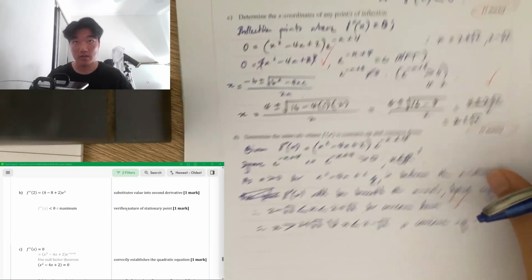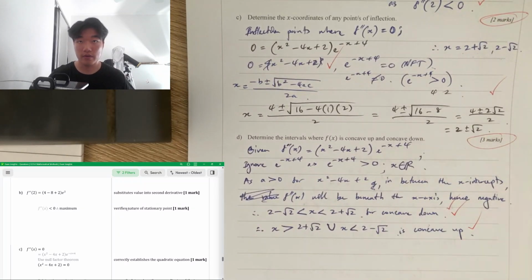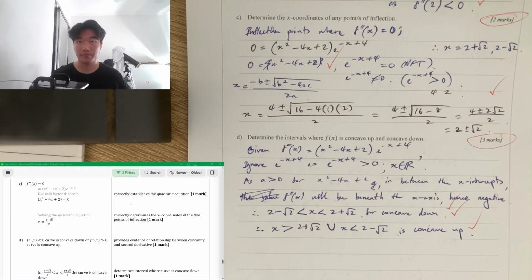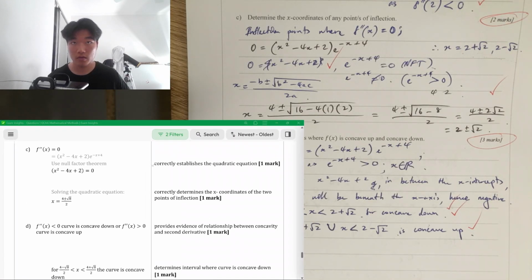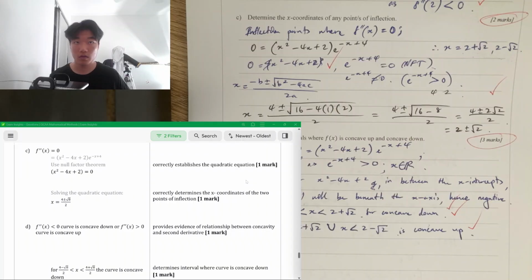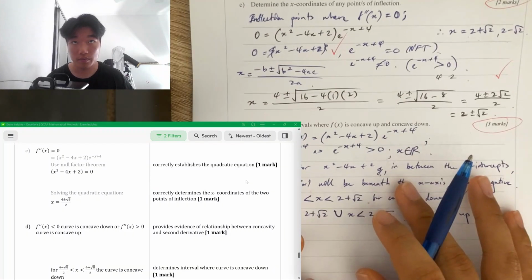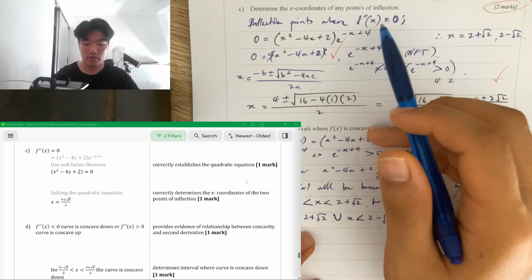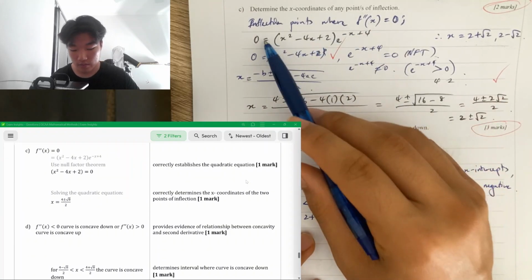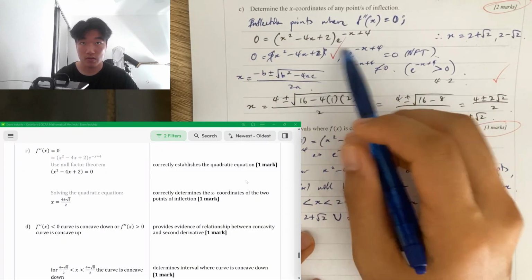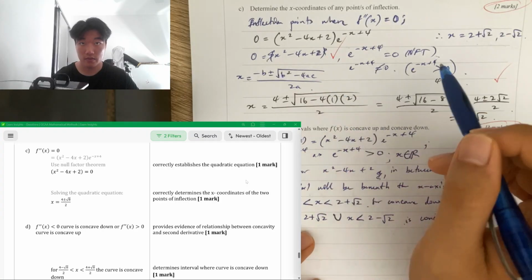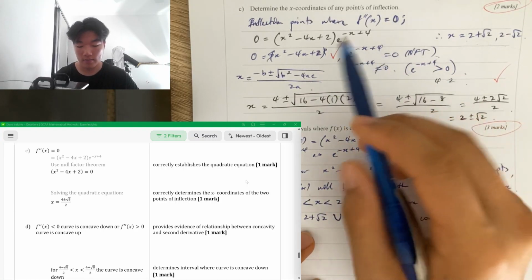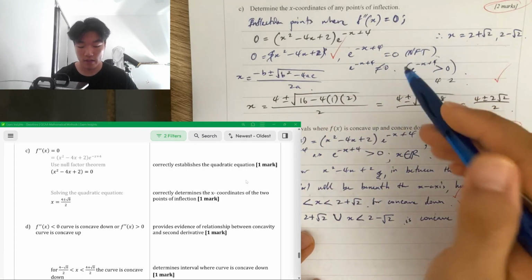Okay. Determine the x coordinates of any points of inflection. Okay, so in this case, we know inflection points occur when the second derivative is 0. So then I let the second derivative, which is given in the question, equal 0. Then again, we use the null factor theorem.